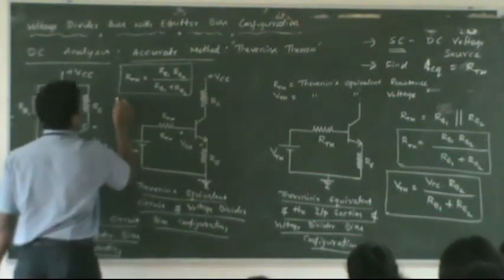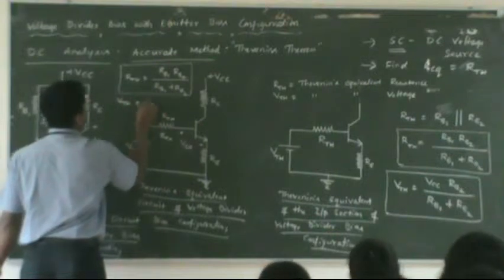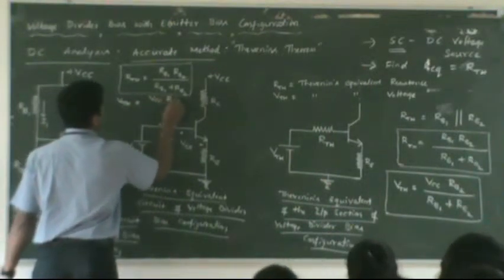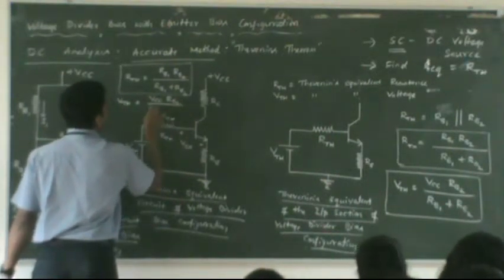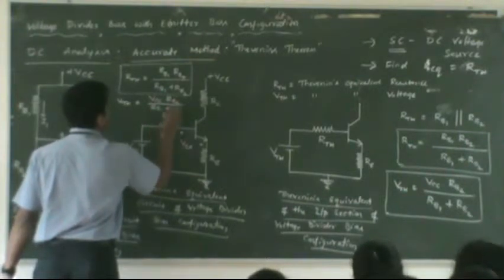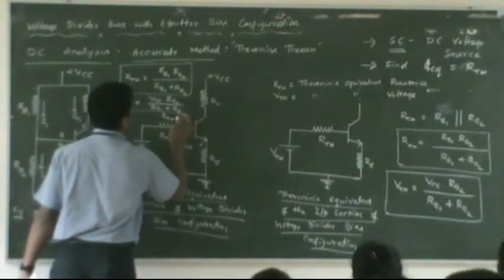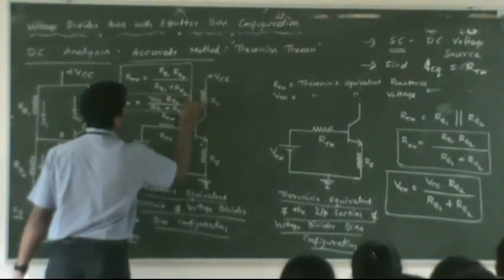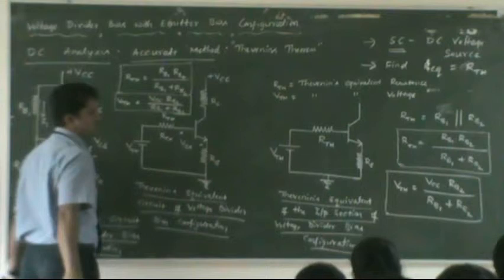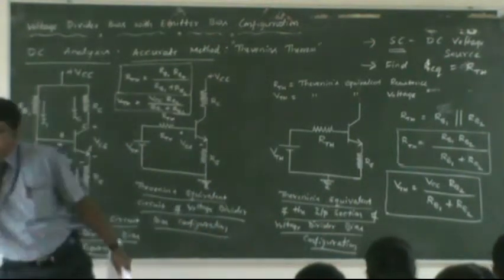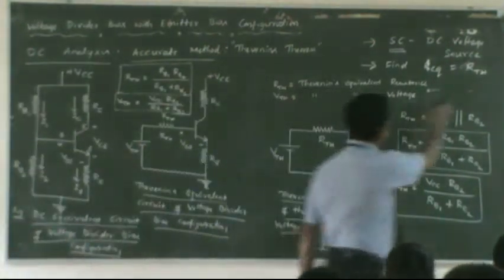Similarly, VThevenin is equal to VCC times RB2 divided by RB1 plus RB2. Okay. Now we have the rest of the circuit. Any questions here on these things?